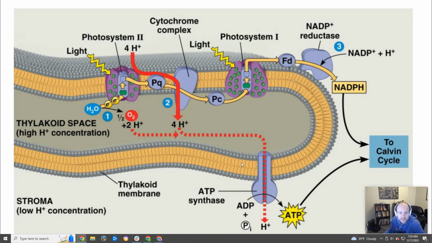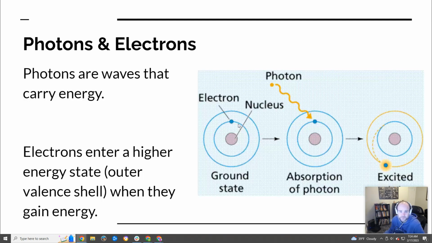Now, you might notice that this is looking very similar to cellular respiration, where we have an electron transport chain. We're moving hydrogen ions into a space that will then go through ATP synthase to produce ATP. So it's very similar to oxidative phosphorylation with that chemiosmotic and electron transport chain aspects, with some slight differences.